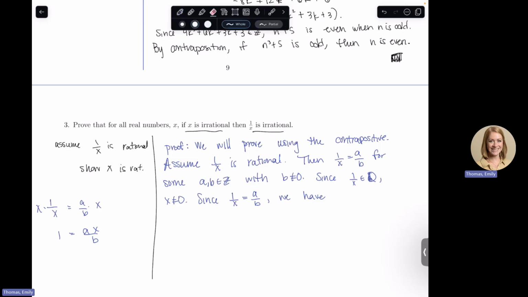And I know that I can multiply by x. I know that a isn't 0 because x isn't 0. I don't know that we know that. Okay. So we get b over a is equal to x, just the reciprocal there. Now, a and b are integers.